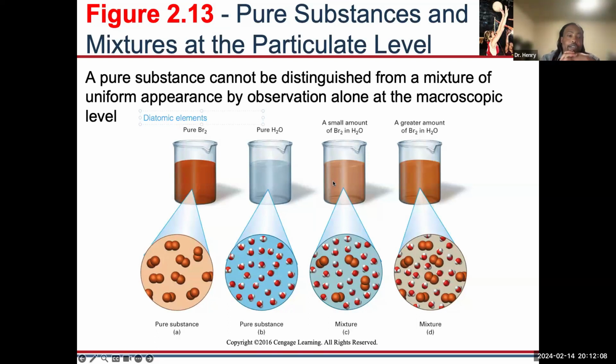Now it's written on the screen. You guys should be able to tell me this one, right? So we know that this is going to be a mixture. In both cases, they're going to be mixtures. Whether you have a small amount or a large amount, they both will be mixtures because it's no longer pure.